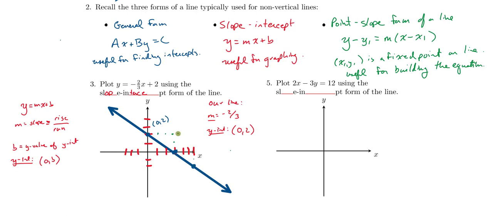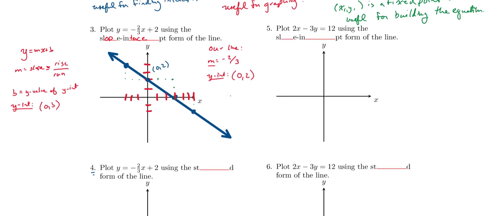I chose to go to the right 3 units and down 2. I could have also, from this point, opted to go to the left 1, 2, 3 units. If I were to do so, I would have gone up 1, 2 units, and I would again have been at some other point on this line. If you wish, you could label the coordinates of those points that you plotted, but that's how we sketch a graph when it's in slope-intercept form.